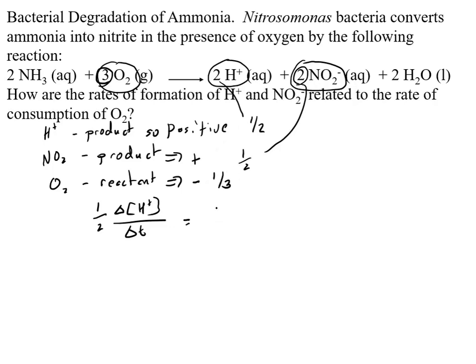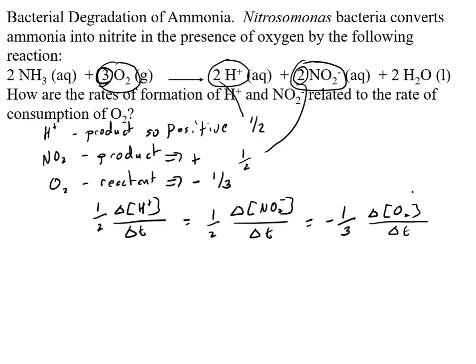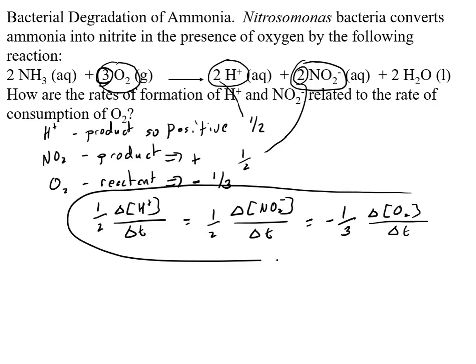For the NO2-, again, it's positive, it's 1/2, the change in NO2- over the change in time, is equal to, this one's negative, 1/3 the change in O2 over the change in time. And that would basically be the answer to this question. I could have done this for ammonia and for water also. I can do any reactant or any product.